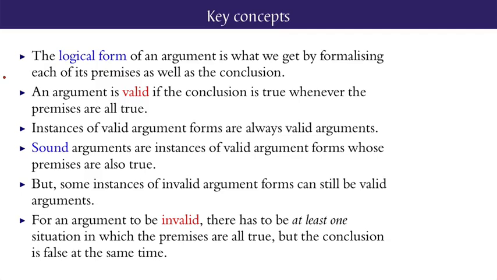This is how we test for validity using truth tables, by checking that there is no row of the truth table in which the premises are all 1 and the conclusion 0.